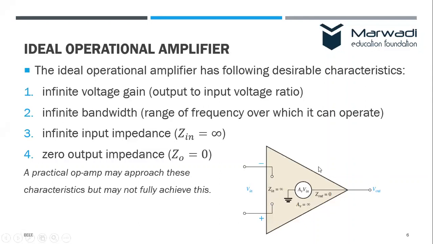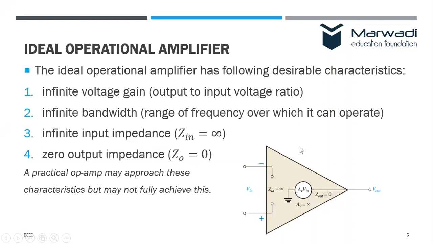Then the output to input ratio is 100 millivolt divided by 1 millivolt. So that ratio is 100, right? That means we are able to amplify the signal 100 times that of the input. This is called voltage gain. Okay, how much you gain, that's why it is called voltage gain. So it is basically the output to input voltage ratio.